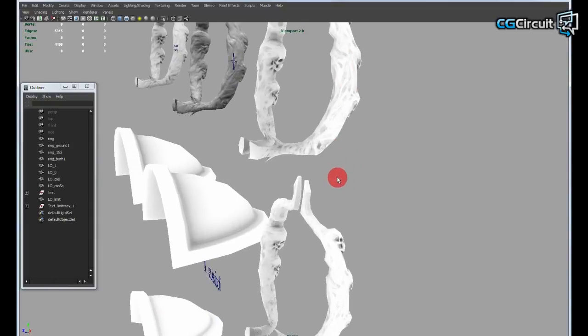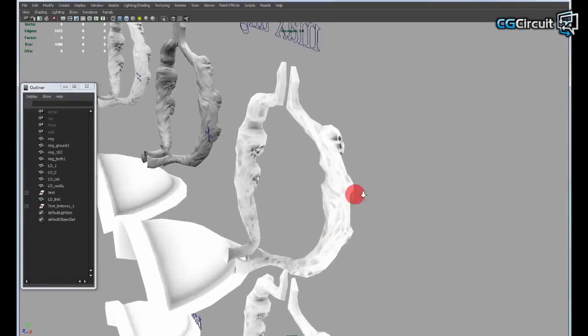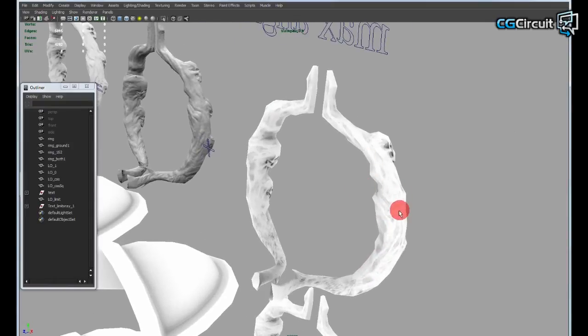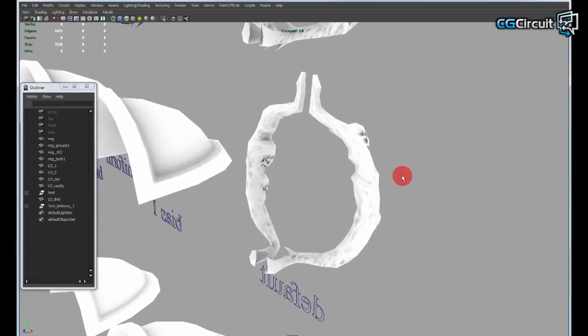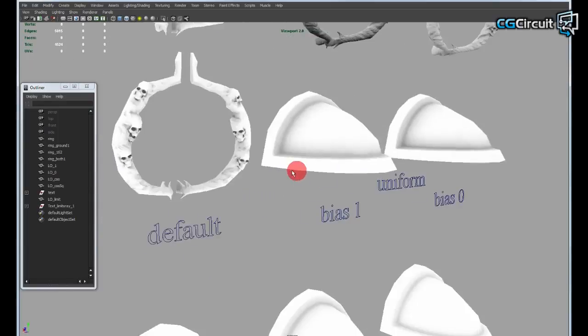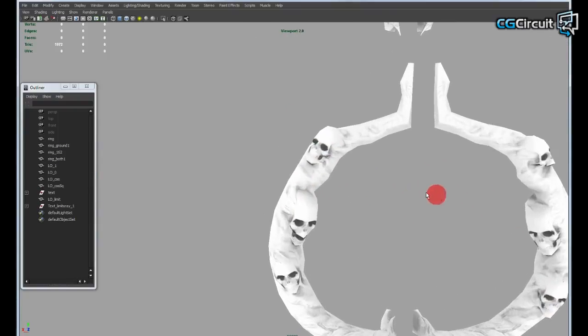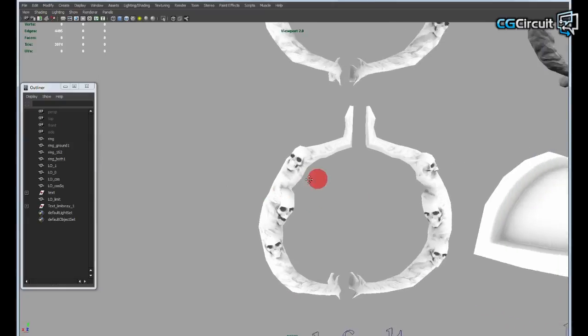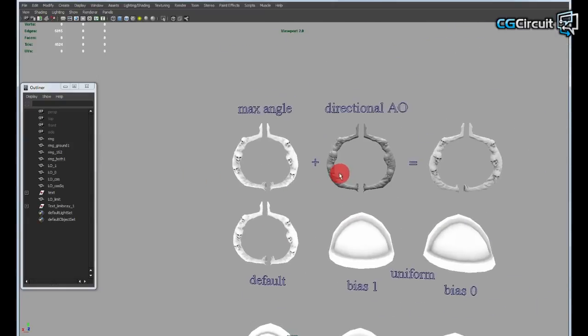But this depends on, again, what you are going for. I like to have as much detail showing through on the ambient occlusion as possible, but some people don't like that. Some people would rather it be only limited to areas that are truly being occluded.